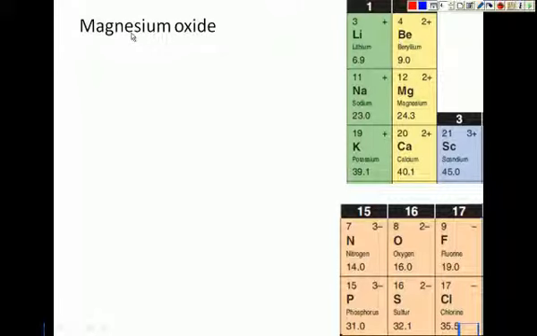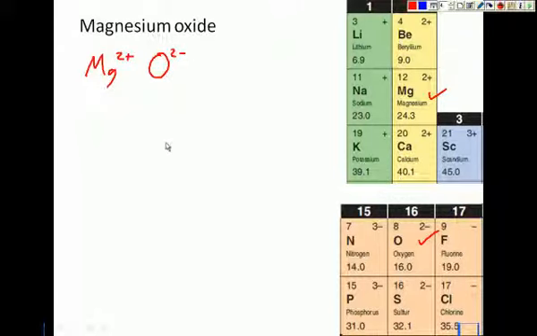Let's write the formula for magnesium oxide. What we do is we find magnesium on our periodic table and oxygen, or oxide, and we can write it like this: Mg2+ and O2-.